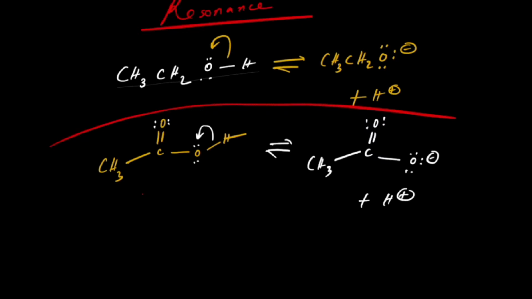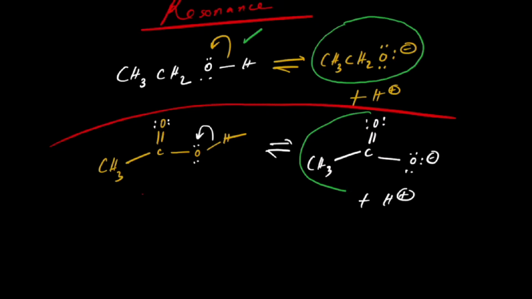Let us try to understand. Now look at conjugate bases. I told you, if conjugate base is stable, then the corresponding acid from which you got the conjugate base is more acidic. Now if this is more stable, this will be more acidic.